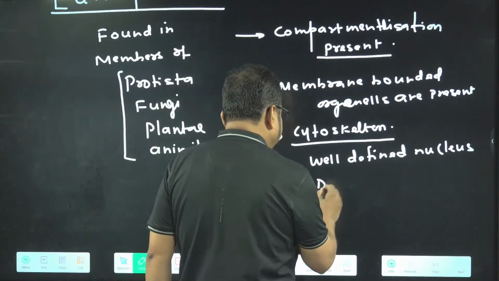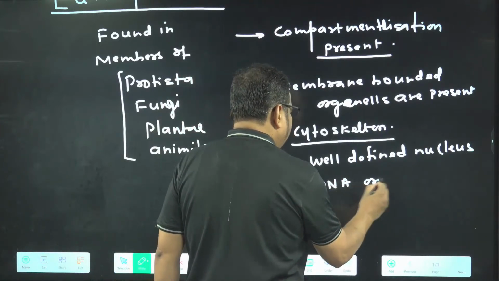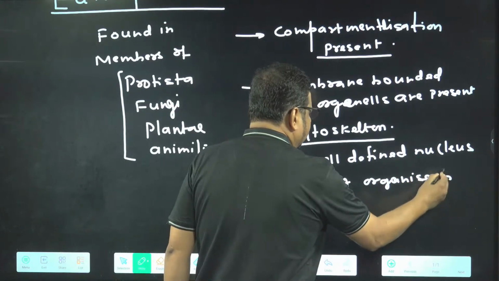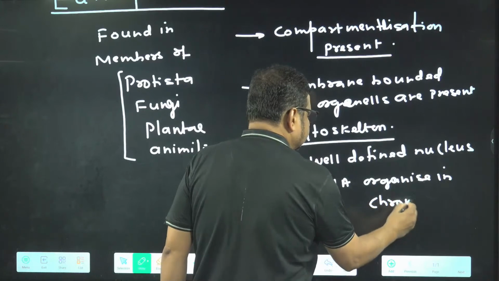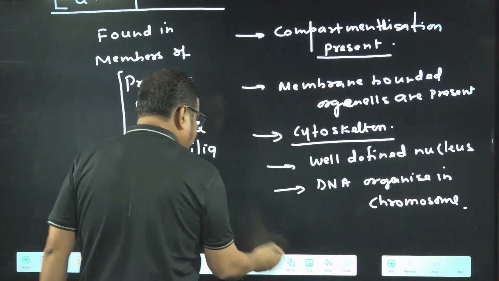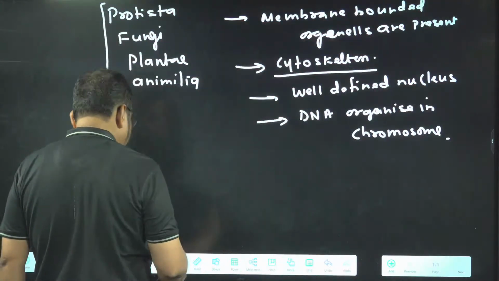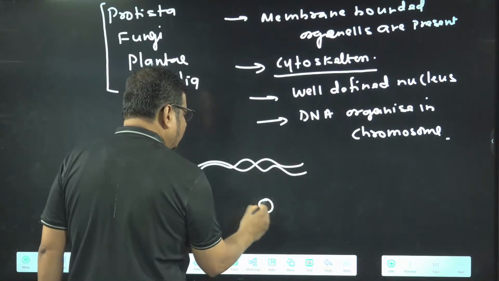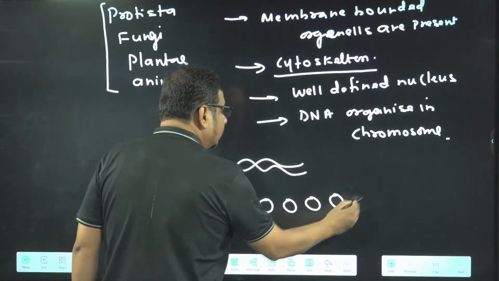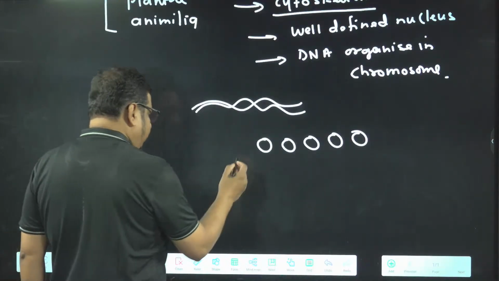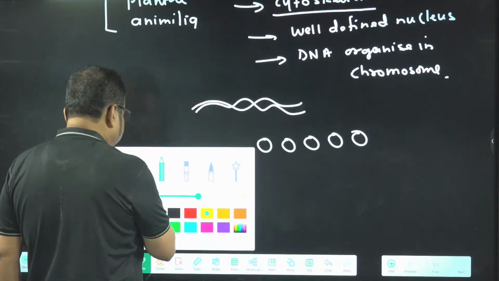Chromosome, DNA organized in which one? Chromosome. So true chromosome. How is DNA organized in chromosome? Have a look in a minute. This is a DNA. This is histone protein. Okay, ji? DNA is wrapped around which one?